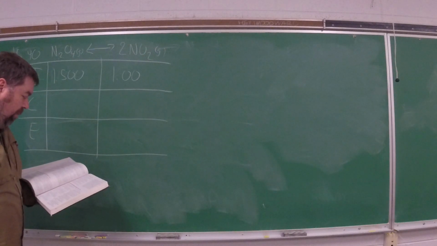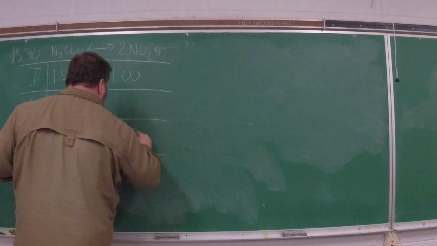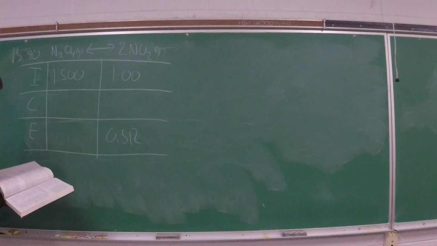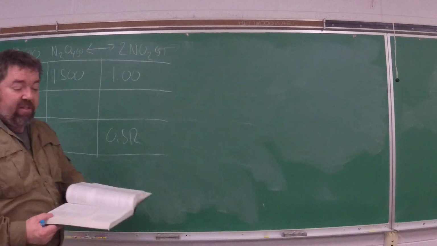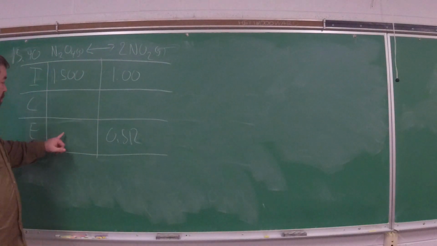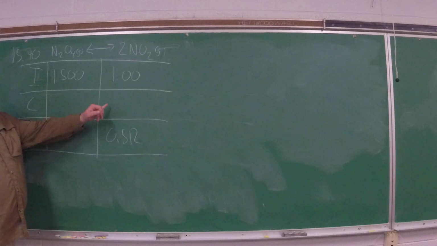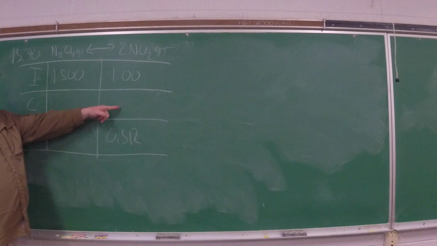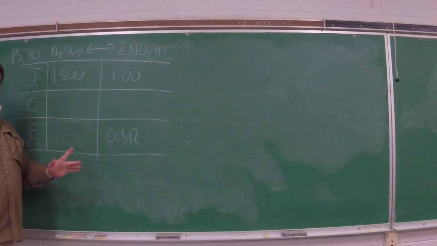Then it says at equilibrium, we have 0.512 atmospheres of NO2. And it asks, what is the equilibrium partial pressure of N2O4? So we're going to do the same thing. We're going to use the change, calculate the change here, then get the change here, and then get the equilibrium.